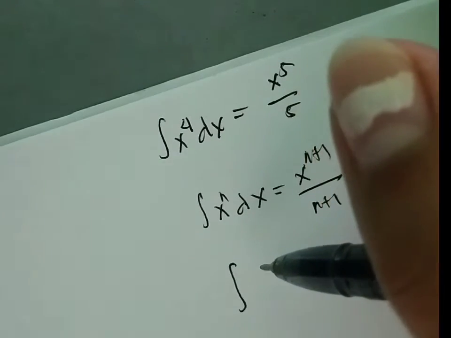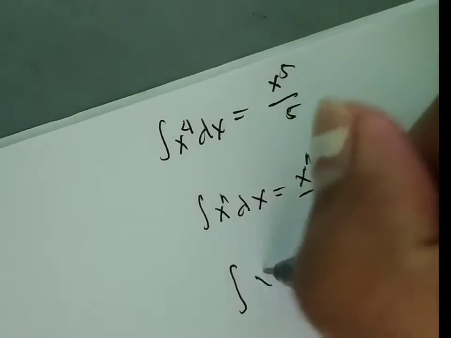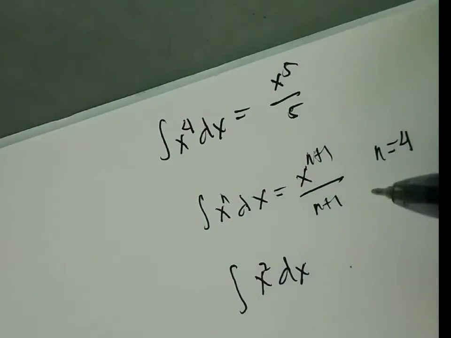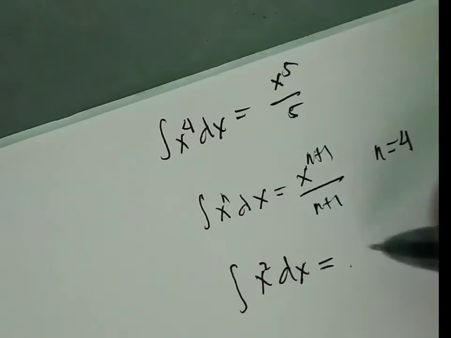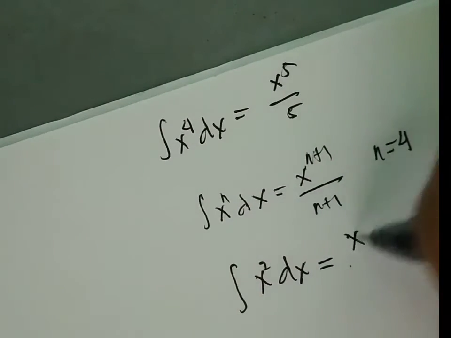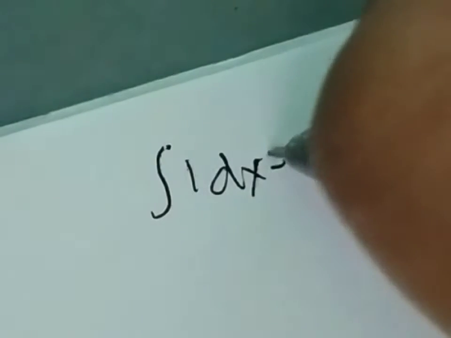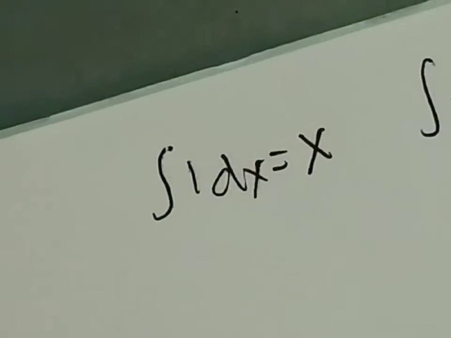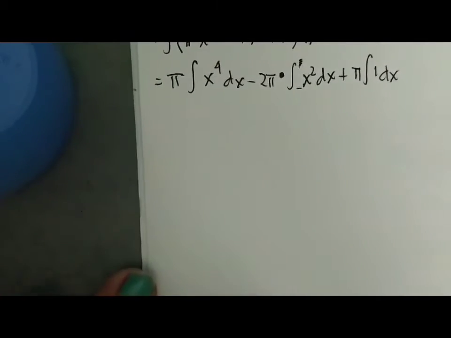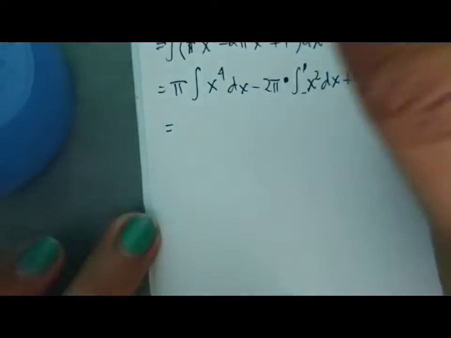Now let us solve for integral x squared dx, again by applying the power rule with n equal to 2. So it becomes x cubed over 3. And then integral 1 dx, apply the constant rule, so the answer is x. Let us now plug in the solved integrals.